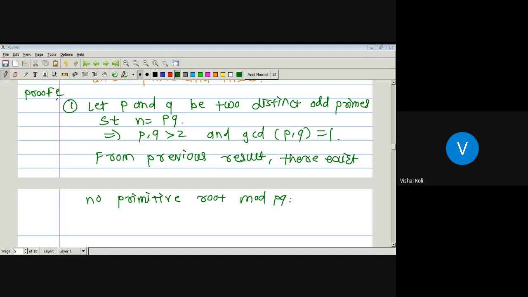That is, p into q is nothing but n. That is, there is no primitive root modulo n, since n is nothing but p into q. Therefore, for the first case the result is proved, since if n is a product of two distinct odd primes, then there is no primitive root modulo n. Okay, so the first is proved.